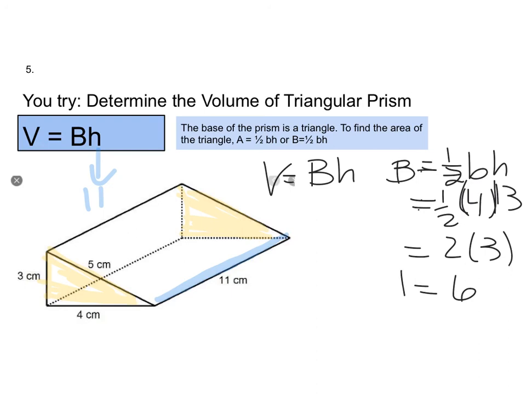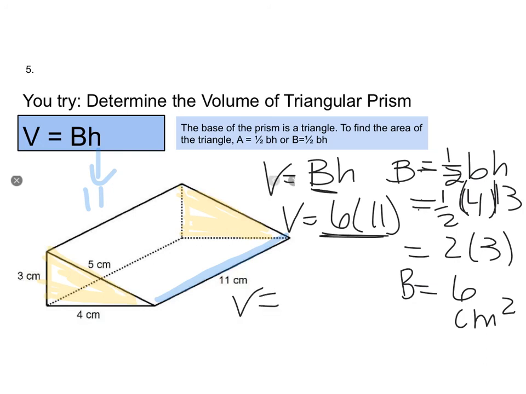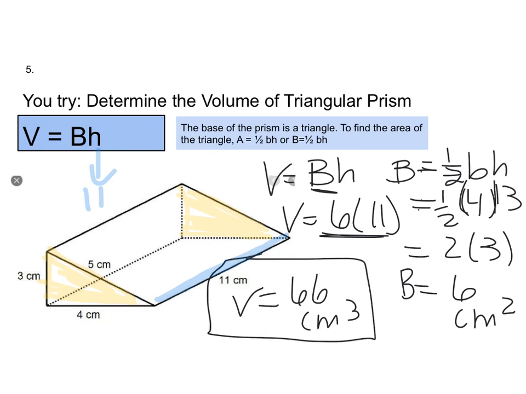So the area of the base is 6 centimeters squared. I'm going to substitute this back into my formula. 6 is the area of the base, and the height of the prism is 11. Multiply these two together, and the volume of the triangular prism is 66 centimeters cubed. Okay, there you go.